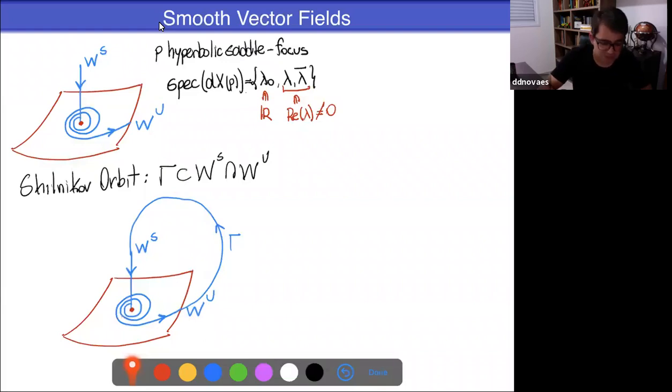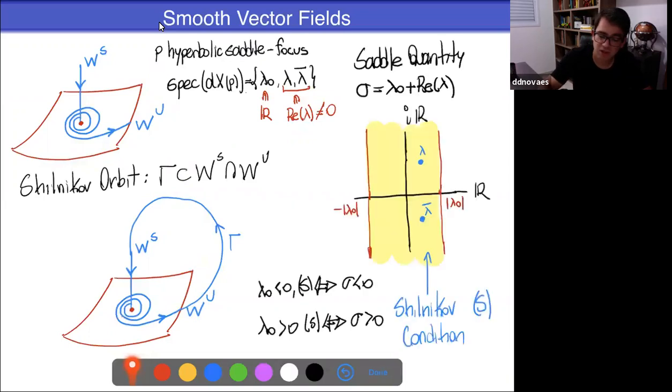To study the properties of this connection and also the perturbations of this connection, we need to introduce the so-called saddle quantity, which is denoted by sigma and given as the sum of lambda 0 plus the real part of the complex conjugate eigenvalues. We say that the Shilnikov condition holds when the complex conjugate eigenvalues lie in this band delimited by the modulus of the real eigenvalue.